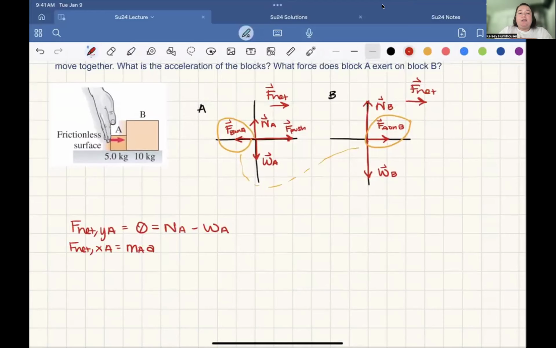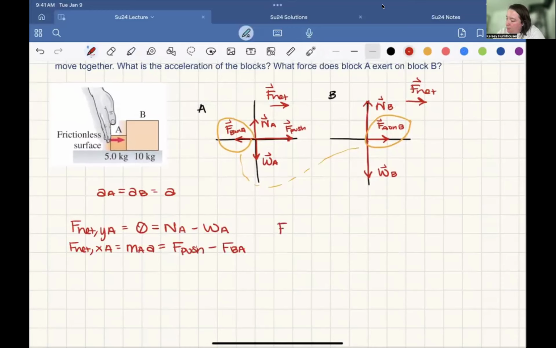So we can assume their accelerations are the same. So I'm just going to use a, but we could write it like this: the acceleration of A equals the acceleration of B equals just the total acceleration. And then our forces. So the pushing force is to the right, so that's positive. And then the force from B on A is to the left, so we'll subtract that. And I'm just going to write it BA for that.